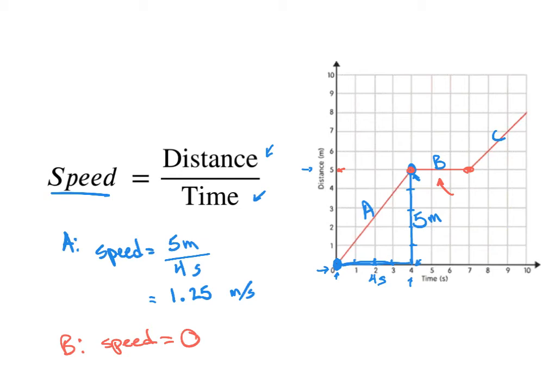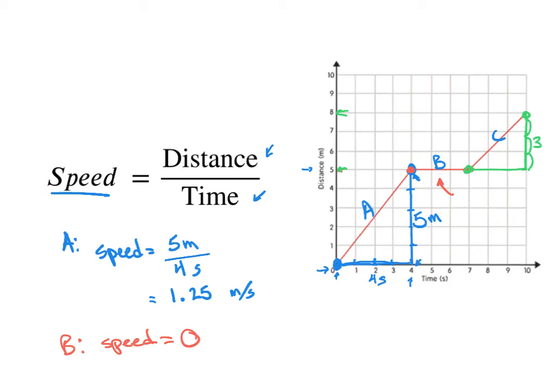The last part is part C. So I'm going to look at part C as well, and I'm just going to draw in the little triangle like we did before. And that way I can figure out the distance and the time. So the distance, you can see that we started here at 5 and we've gone up to 8, right? Or we've gone up 3.